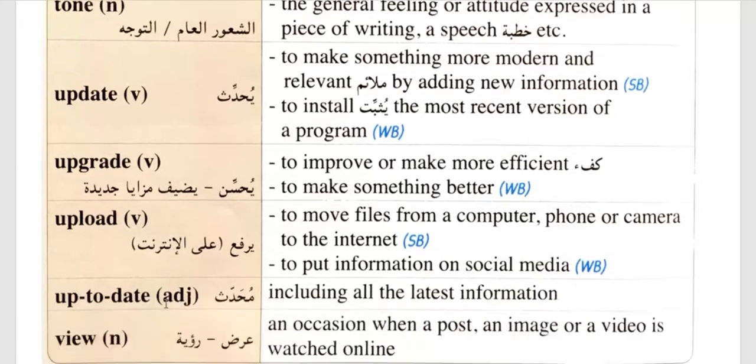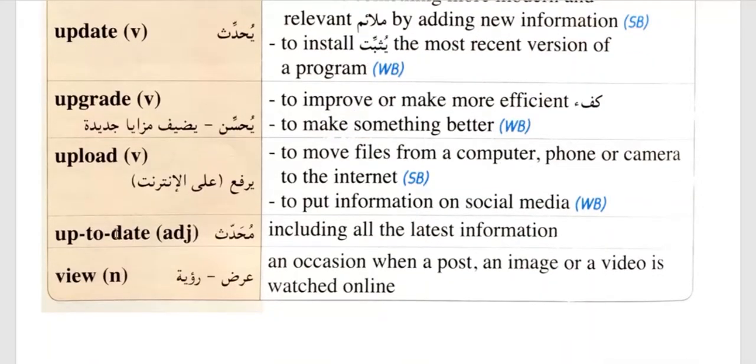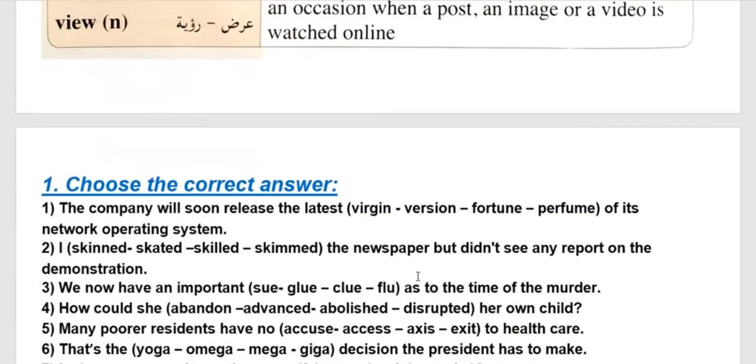We studied above before. Up to date, including all the latest information. We have up to date and out of date. Out of date, old fashioned, that is not used anymore, or no longer used. Up to date, including all the latest information. View, an occasion when a post, an image or a video is watched online.